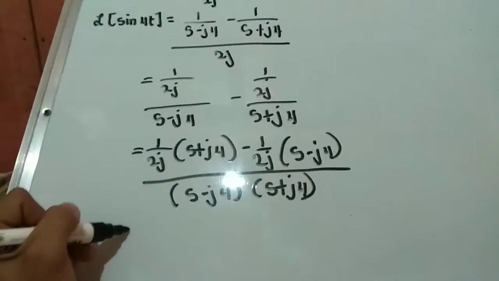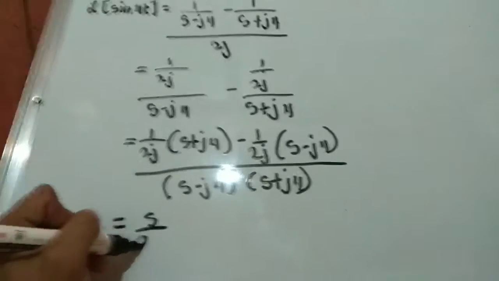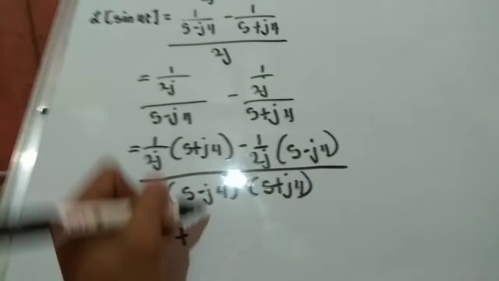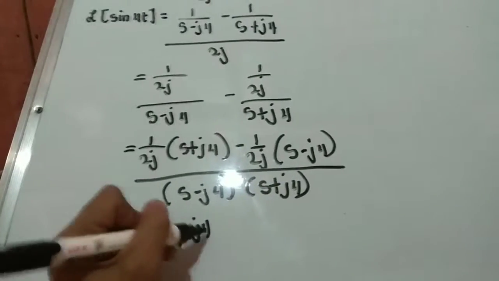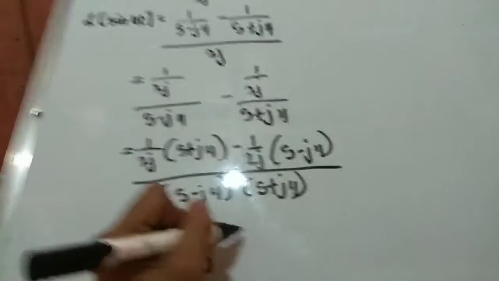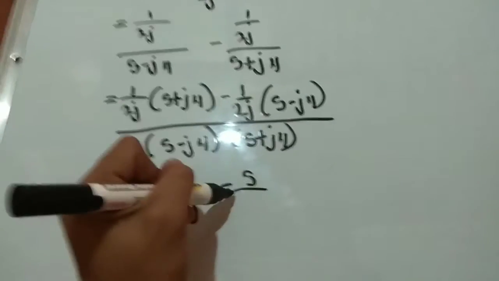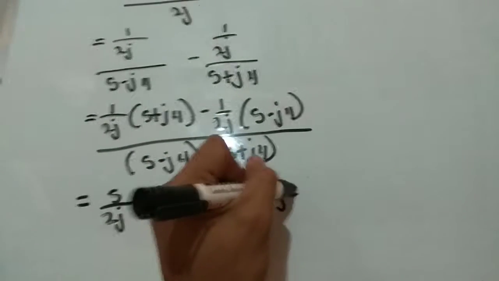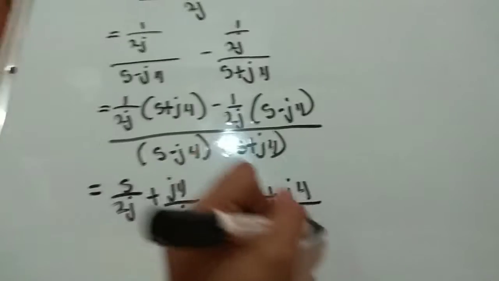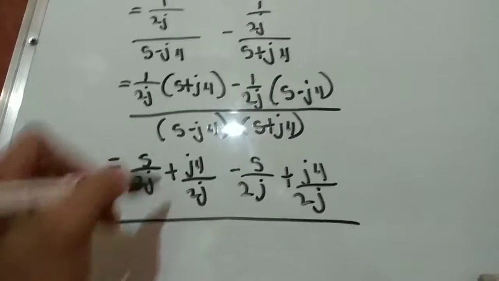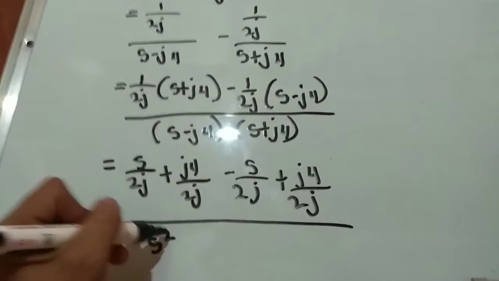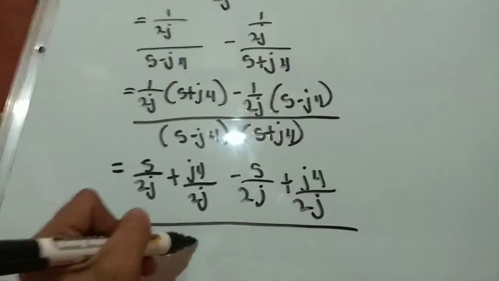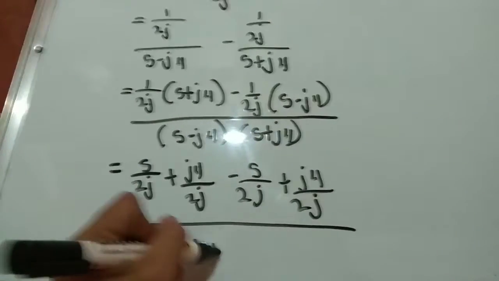Distributing the values, so s over 2j plus j4 over 2j minus s over 2j plus j4 over 2j, all over s squared plus 4 squared.